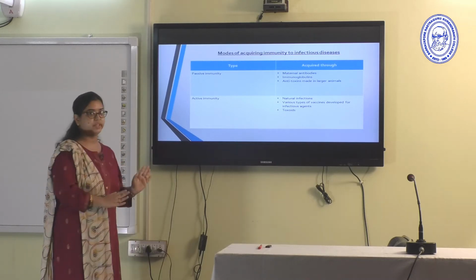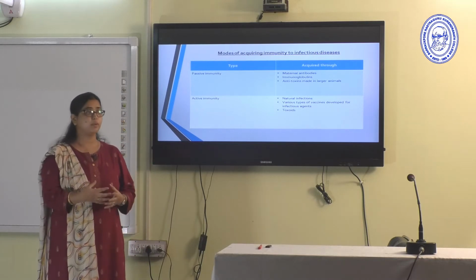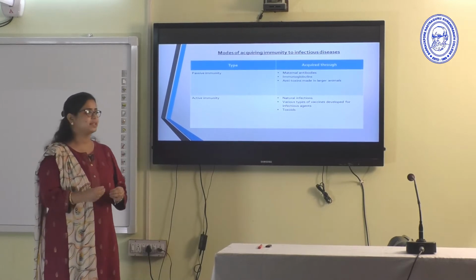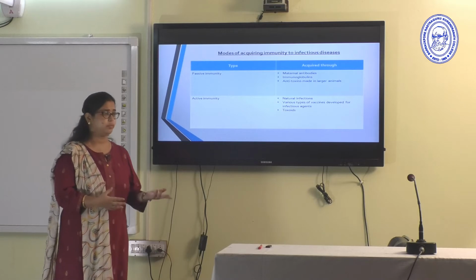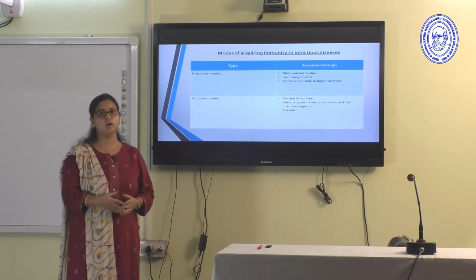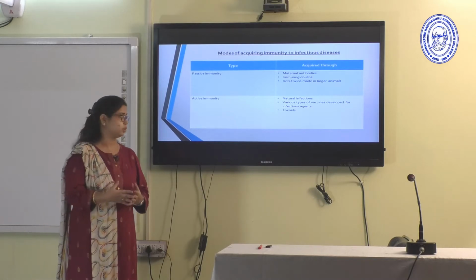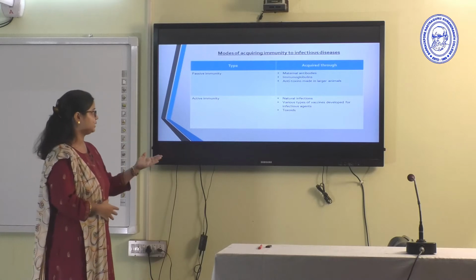And active immunity is one where the body is growing its own immune response, or growing the antibodies by itself. For example, if we come in contact with a natural infection, like cough and cold or any cuts or infections, the body is healing itself. So that is natural infection where the body grows antibodies by itself.